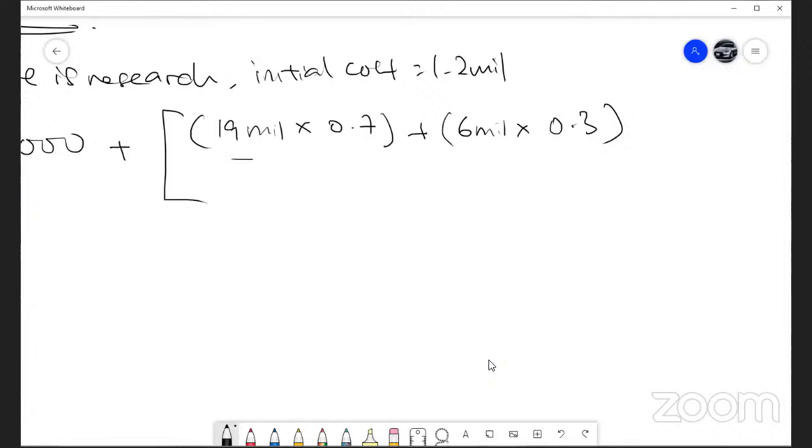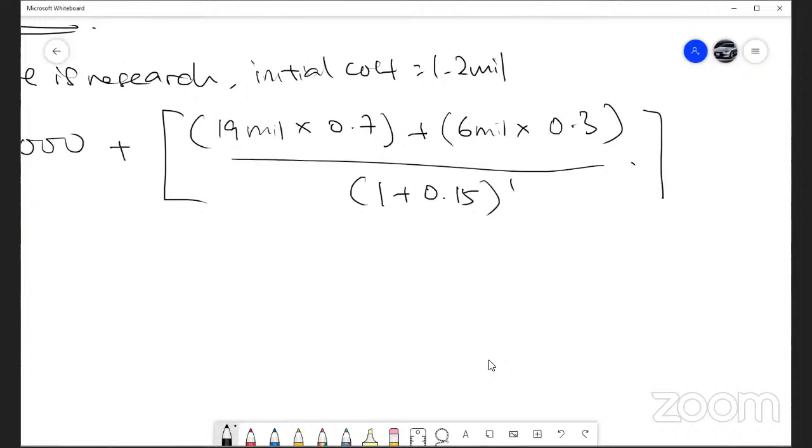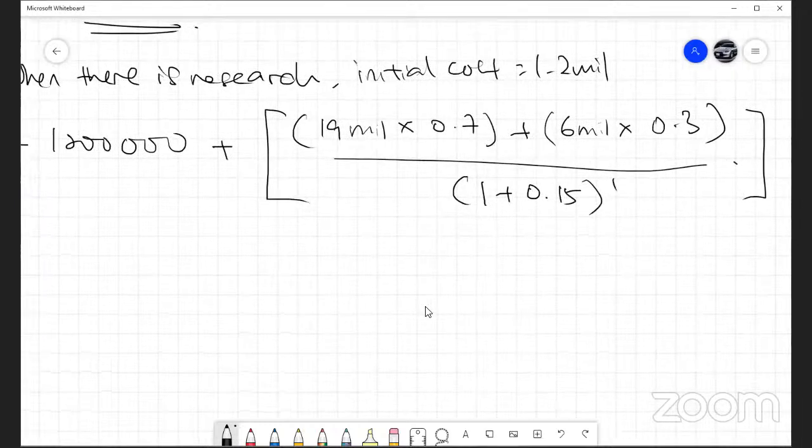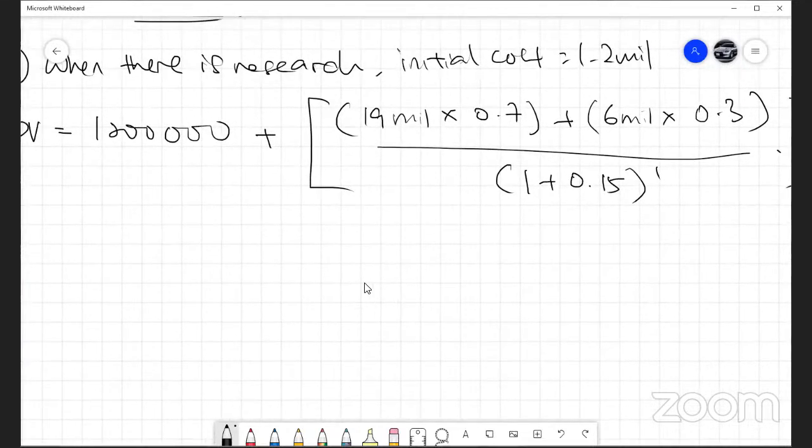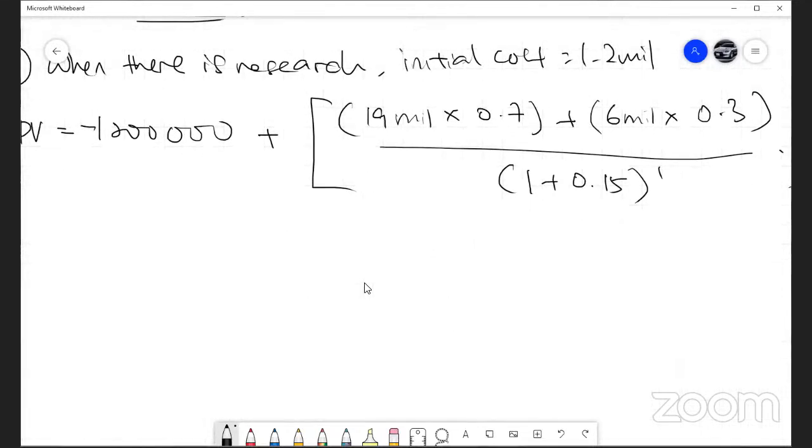So this whole thing needs to be discounted by 1 year, divided by 1 plus 0.15 to the power of 1, because of the 1 year delay. You can only get back your cash flow 1 year later. The 1.2 million is negative, the initial investment. So this new NPV will give you the determination of whether you should do research or not. The NPV here is 11,930,434.78.